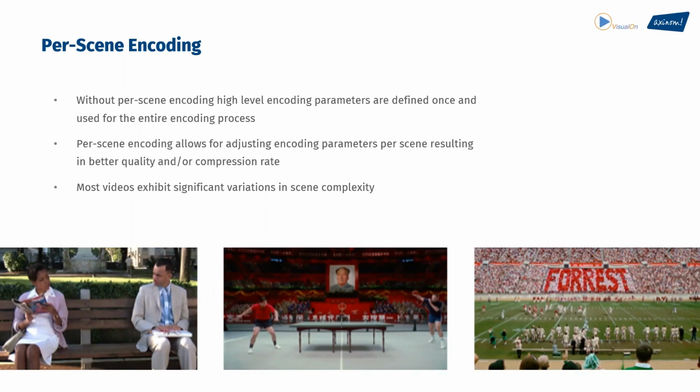And typically, movies and videos have very different, significant variations in scene complexity. These three images on this slide show images from one and the same movie, Forrest Gump. First of all, there are two people sitting on a bench talking to each other. Very little movement, very easy to encode.